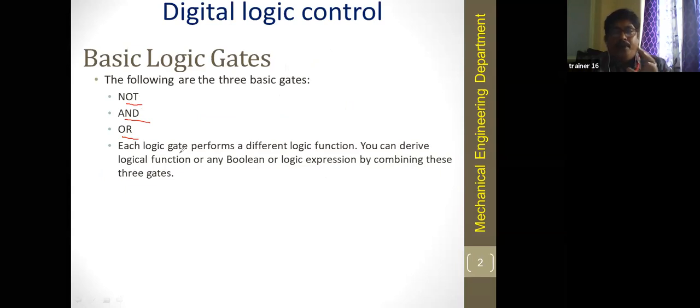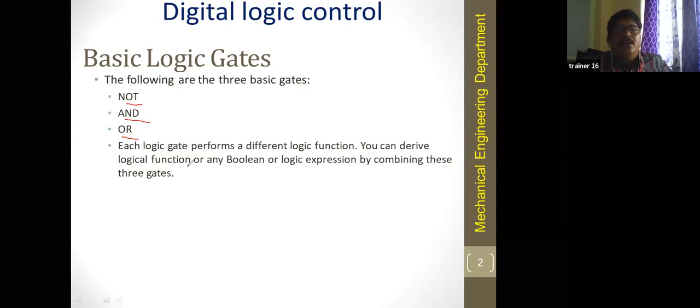For a gate, there are one or more inputs, those are binary inputs, 0 or 1, and the output of the gate is only a single output, binary, maybe 0 or 1, right?